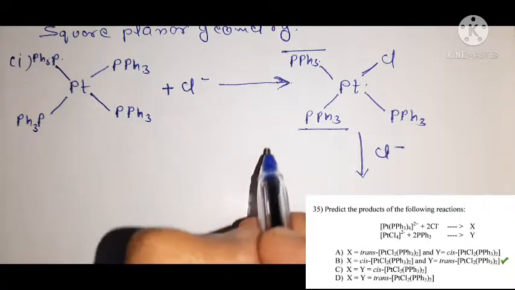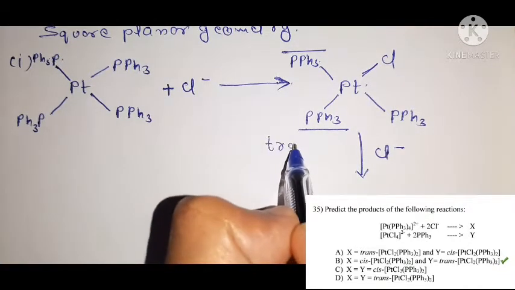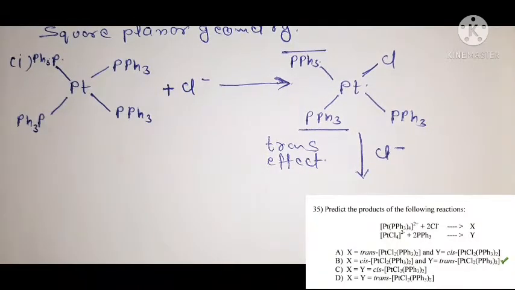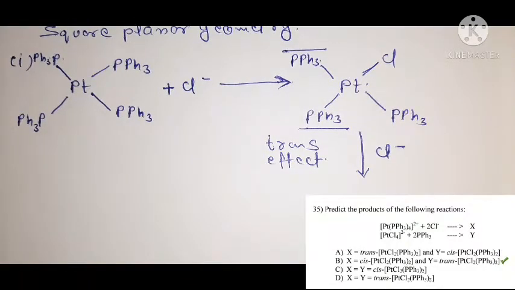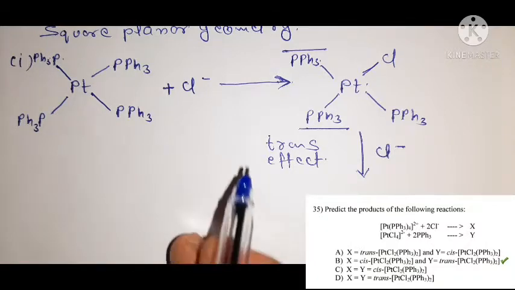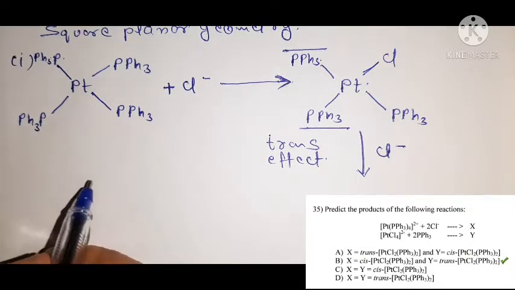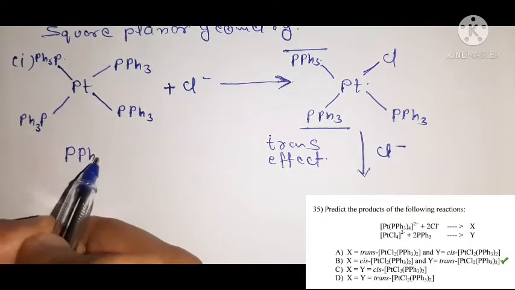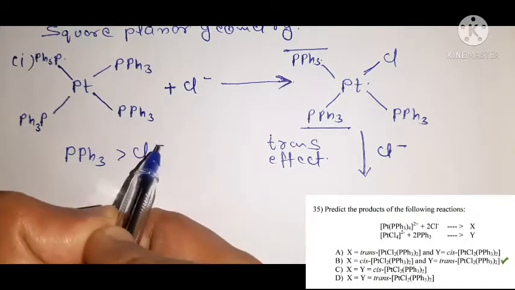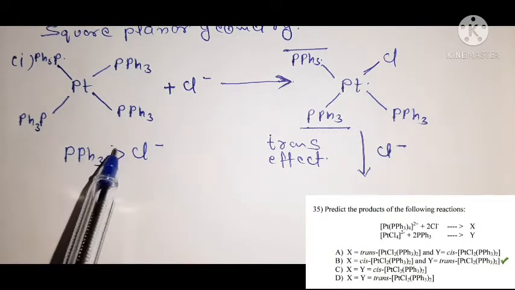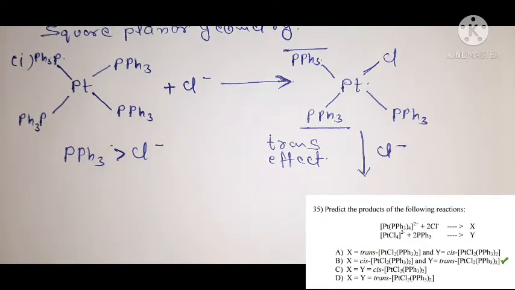So here we use the concept of trans effect, or trans directing nature, of the groups attached to the central metal atom. According to the trans directing series, we know very well that the trans directing nature of triphenylphosphine is greater than chloride ion.